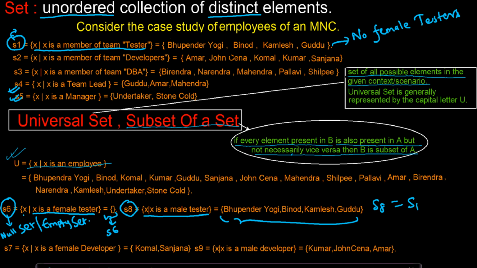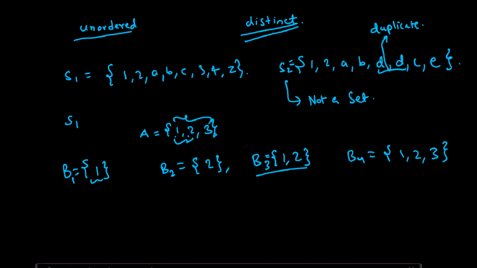So in this example, S6 and S8 are subsets of S1, where S6 is a null set and S8 is the set itself. So these are the two trivial subsets of any set. Given a set A, the null set and the set itself are the trivial subsets of that set.